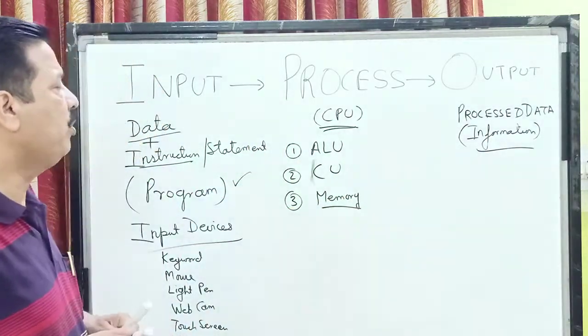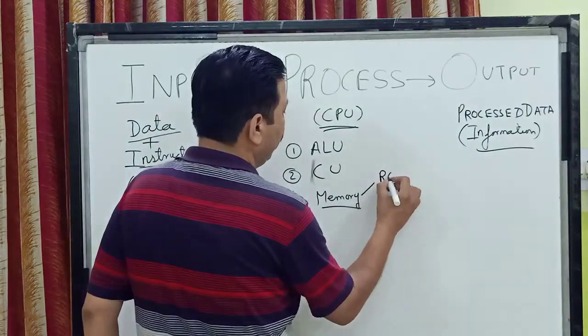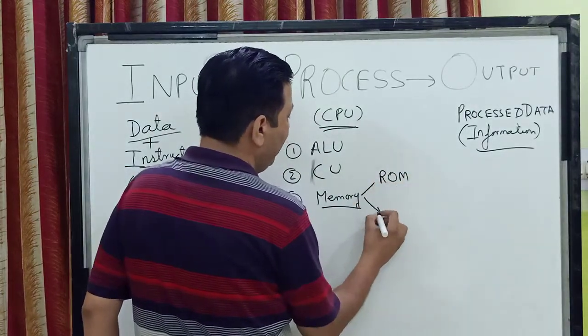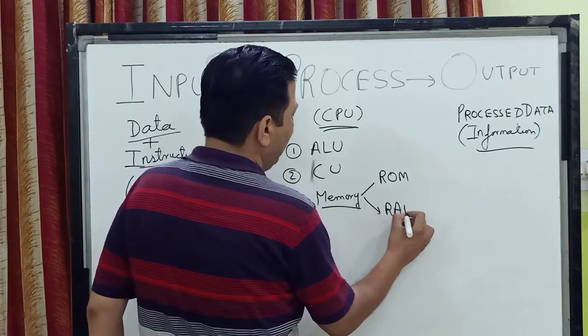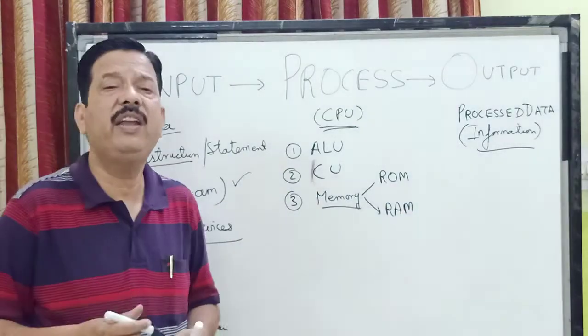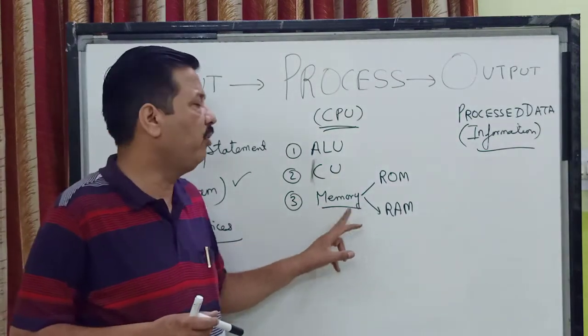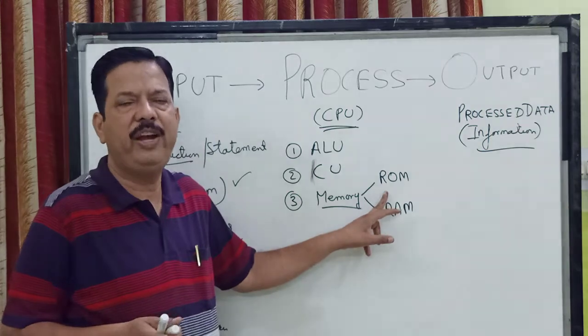Now children, the internal memory of the computer is of two types, that is ROM, read-only memory, and RAM. I am just going to give you an introduction to it, but you can study it in detail from your books also. So this internal memory is of two types. ROM is called read-only memory.